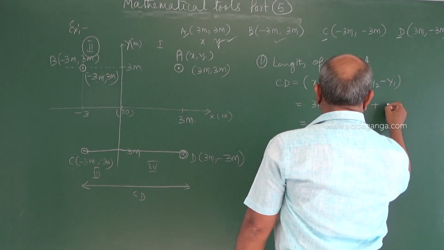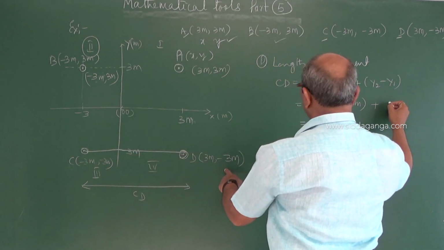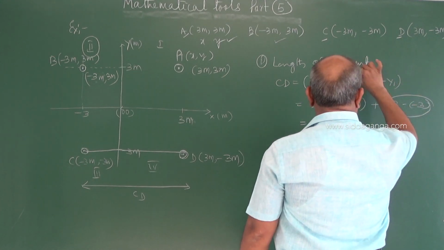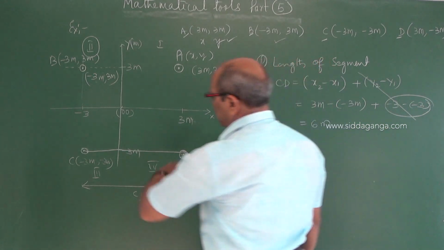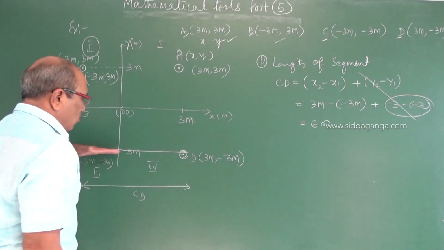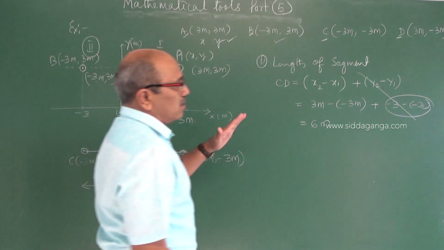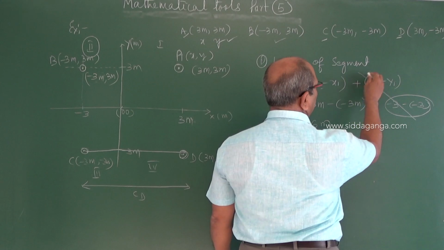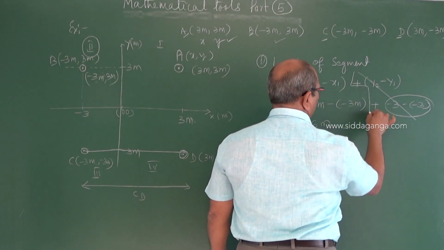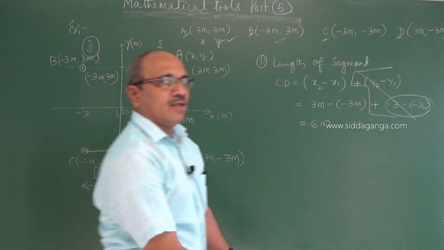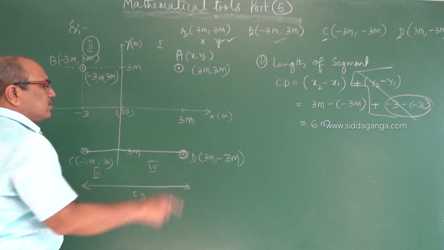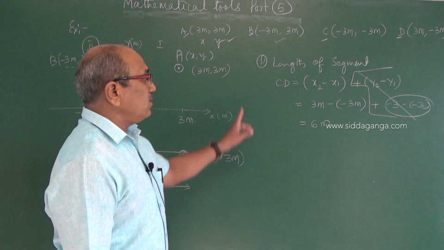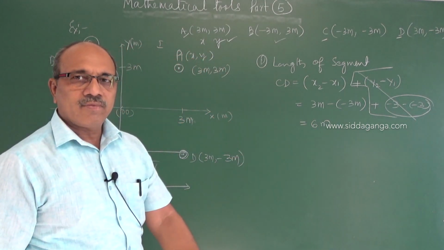For y, it is minus 3 and here also minus 3. Minus 3 minus of minus 3 is 0. Therefore, we are not writing this at all. When the change is only along the horizontal, this algebraic relation is enough to find the value. The y variation cancels and does not affect at all. The length of the line segment is 6 meter.